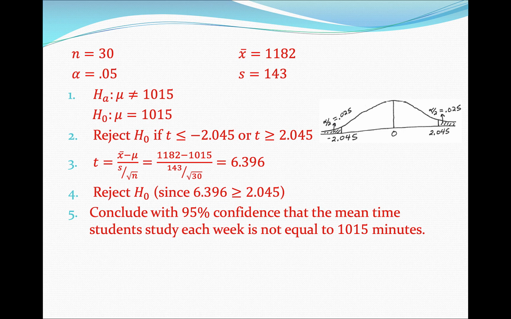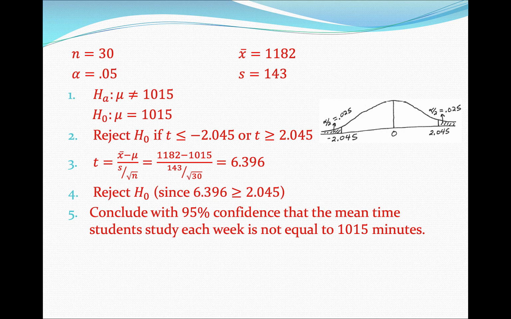It's really small because we got such an unusual test statistic that this probably did not happen by random chance. So if this did not happen by random chance, the only way it could have happened is because the mean is not actually 1,015, and if the mean is not actually 1,015, then I'm able to prove HA, which is that the mean is not 1,015. That's the way this process works.